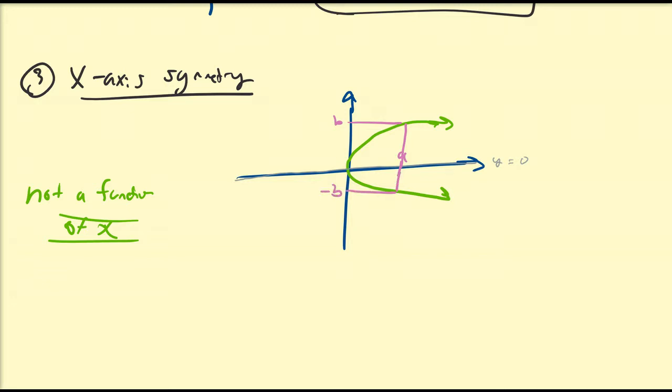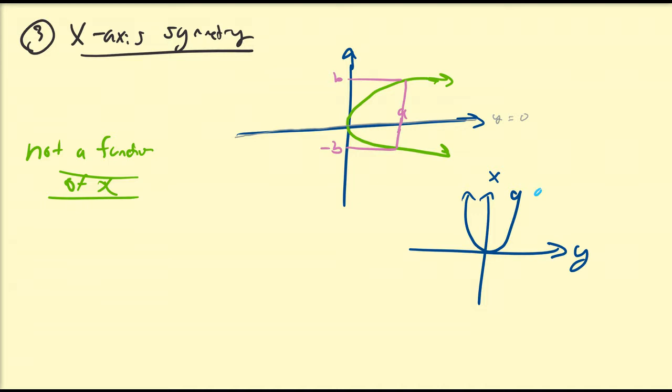This should be equal to negative b. So if we flip this curve on its side, now this is going to be the y-axis and this is going to be the x-axis, and we can call this relation g. Here we're picking this point b and this point negative b, and here's the a value for which supposedly they should be equal to each other.